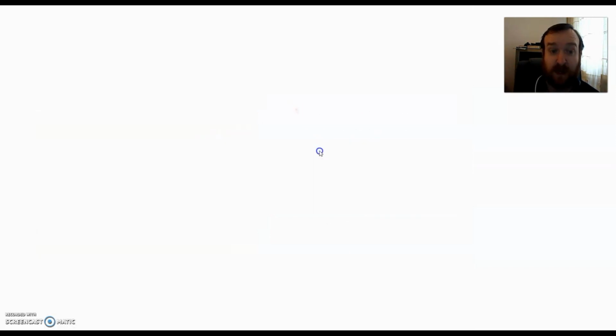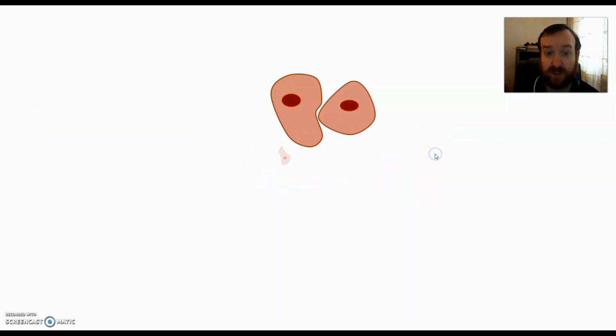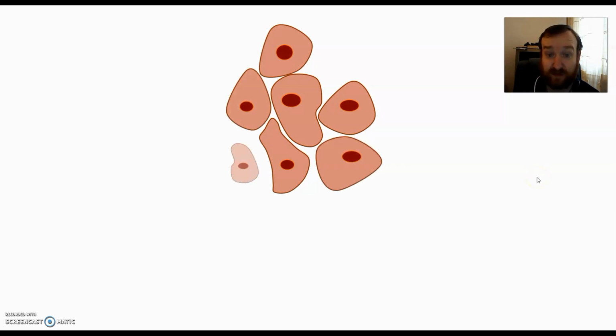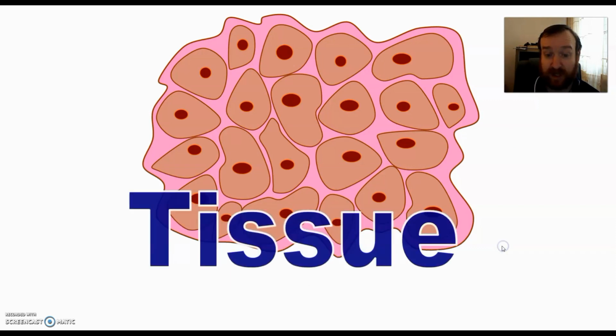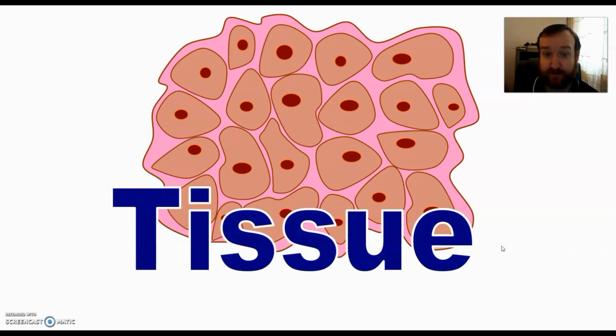Okay. So, we've talked lots about this. This is a picture of a cell. Just one cell. If we have groups of cells, lots of the same type of cell, we call that a tissue. So all these are the same type of cell, and we group them together, we call that a tissue.